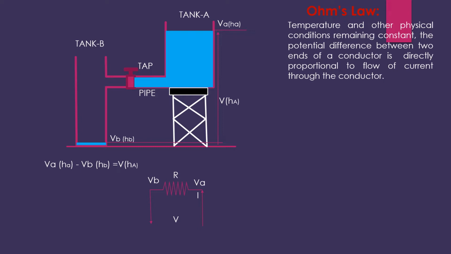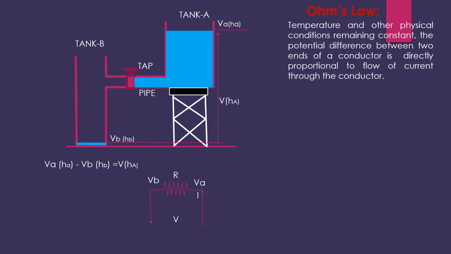Water will not flow from A to B if the tap is not opened. Comparing it with a resistive circuit, current will not flow from VA to VB, that is from higher potential to lower potential, if the resistance is high enough, like an insulator.